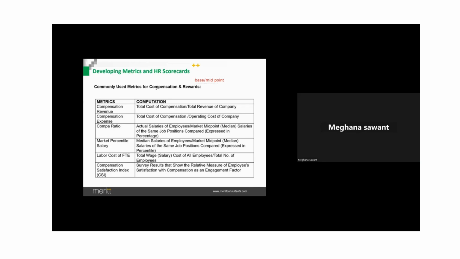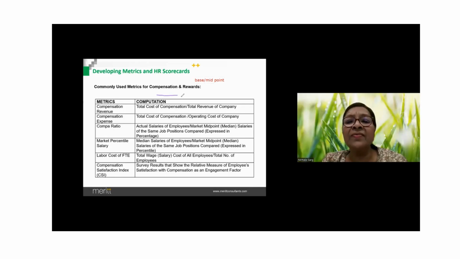I'll just give you an example. Okay, I'll just draw it here itself. Say, for example, this is a salary range. This is my min, and the min is say 8,000, just hypothetical. And the max of that salary range is 12,000.